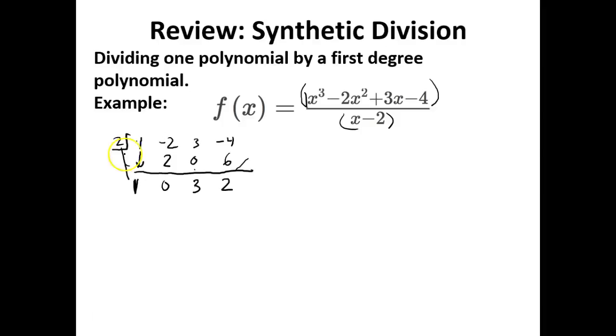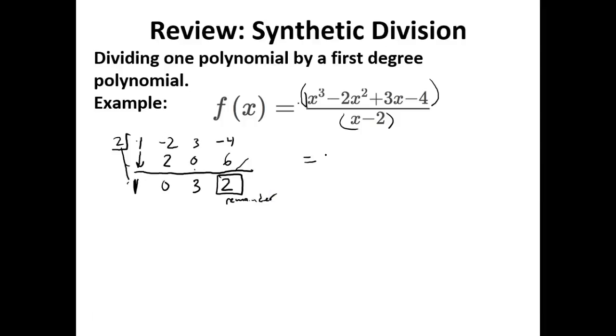And what this tells us is when we take x cubed minus 2x squared plus 3x minus 4 divided by x minus 2, what we are going to get is, these numbers tell us the coefficients, and this last number is the remainder.